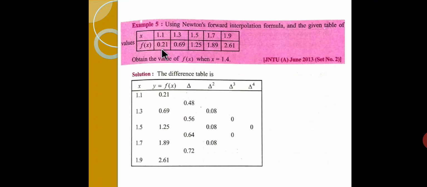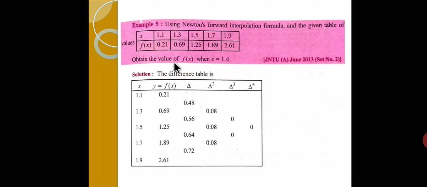The corresponding values are y naught is 0.21, y1 is 0.69, y2 is 1.25, y3 is 1.89 and y4 is 2.61. Obtain the value of f of x when x is equal to 1.4. We have to find the corresponding value of y.